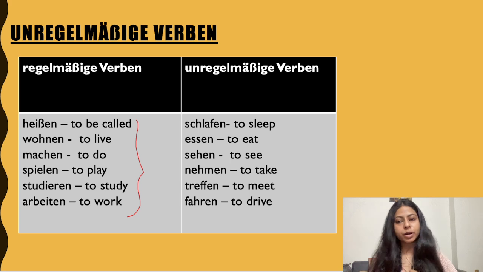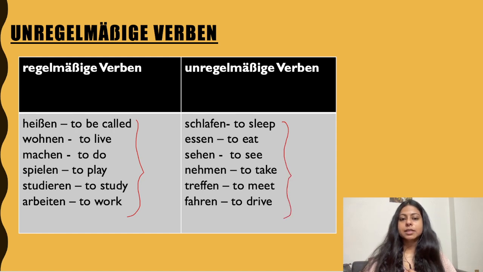Now let's look at unregelmäßige Verben, irregular verbs: schlafen, essen, sehen, nehmen, treffen, fahren. Again, the English meaning of each is given on the right side. In the first group of verbs the stem doesn't change, and in these verbs the stem changes in certain cases.